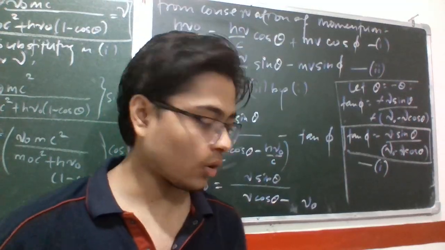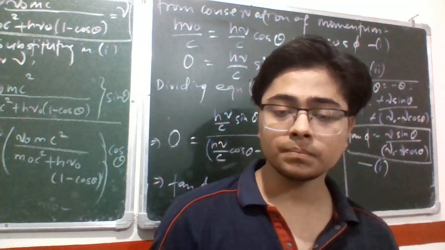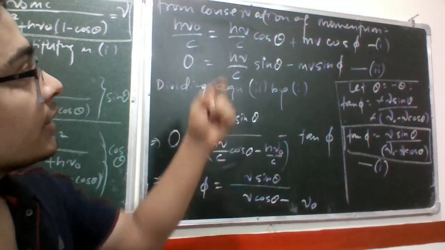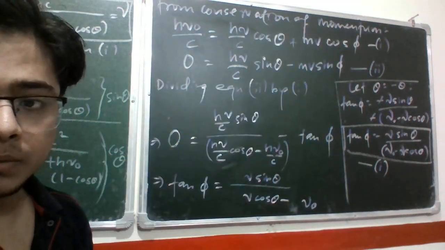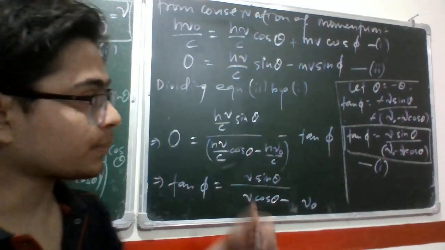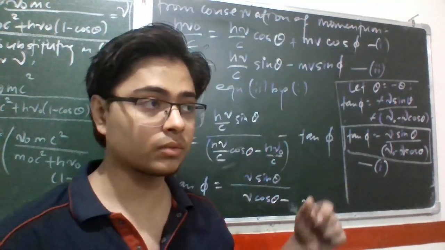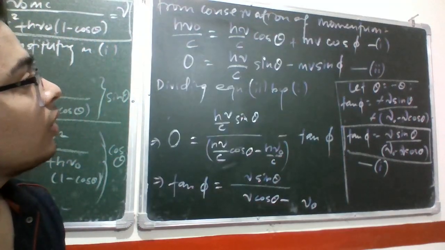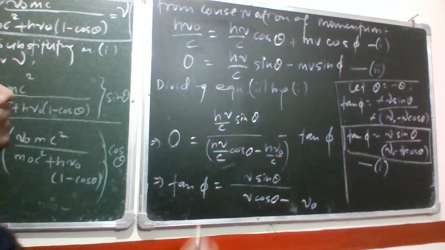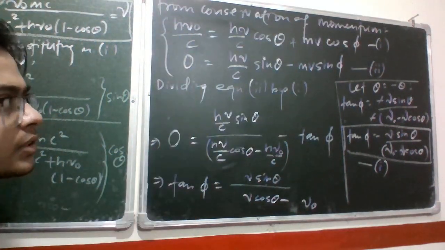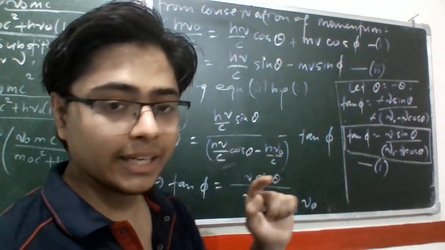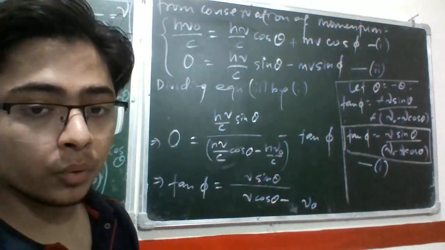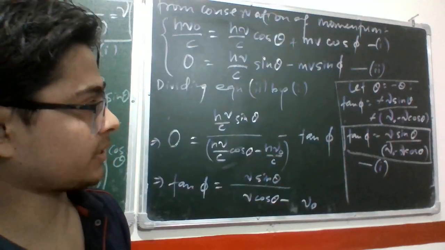For the analysis of the recoil electron, we use the conservation of momentum equations from previous discussions. So we had two equations, one for the x component of the momentum and another for the y component of momentum.